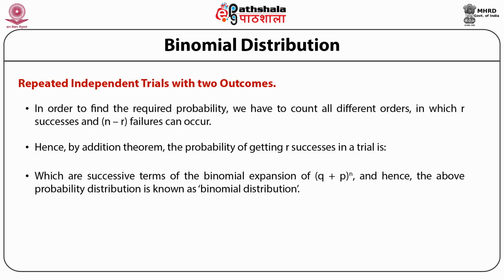That is why it is known as binomial distribution, after Bernoulli's name. It can be noted that the sum of all probabilities is 1, because q^n plus nC1 p q^(n minus 1) plus and so on up to p^n reduces to p plus q raised to power n. And since p plus q is always equal to 1, 1 raised to power n is 1.